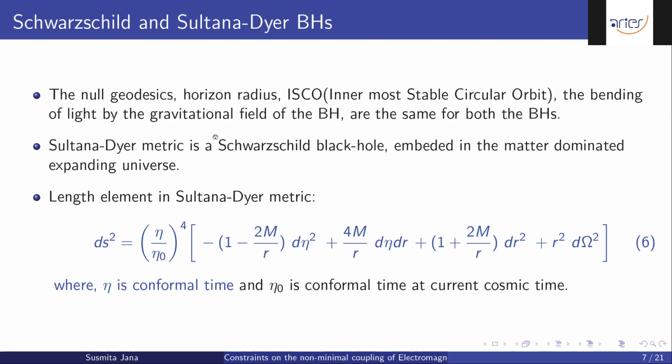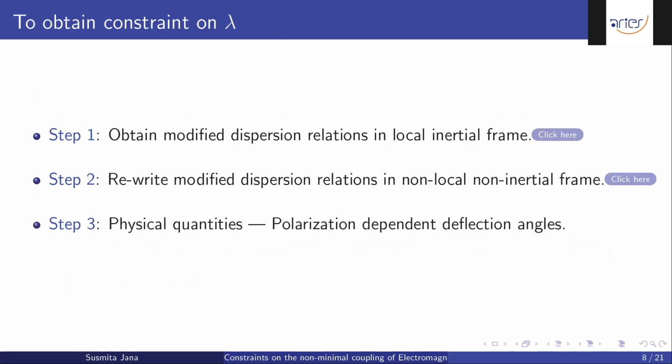The Sultana-Dyer metric can be interpreted as a Schwarzschild black hole embedded in a matter-dominated expanding universe. In one sentence, the Sultana-Dyer black hole is a cosmological black hole that is very similar to a Schwarzschild black hole, just embedded in a background expanding universe.